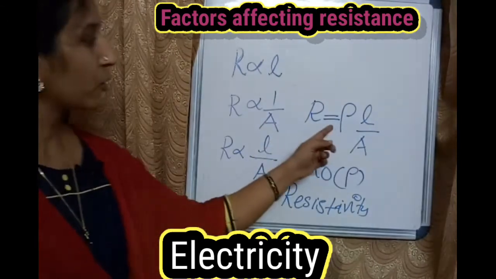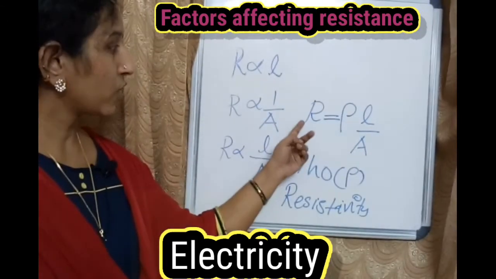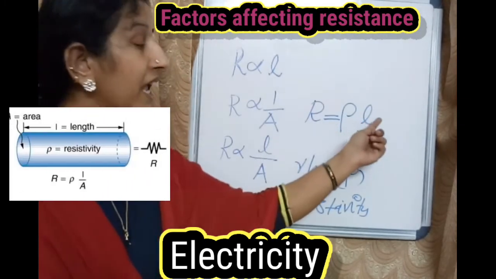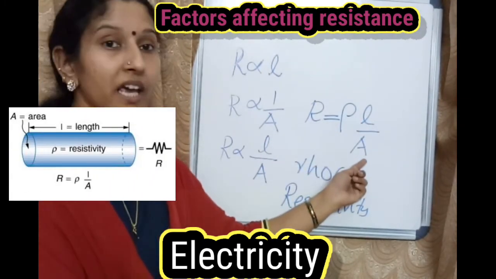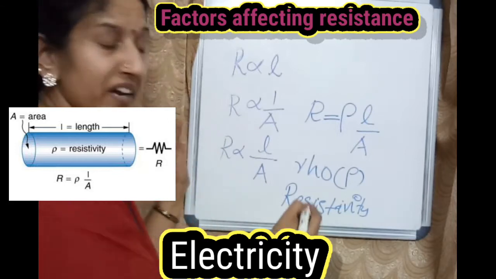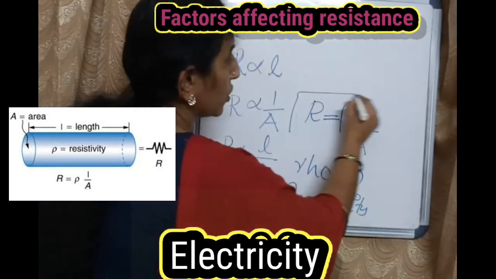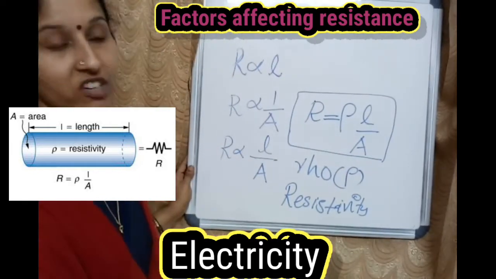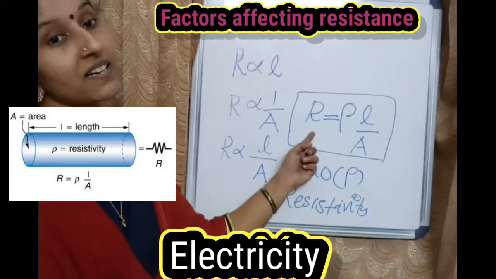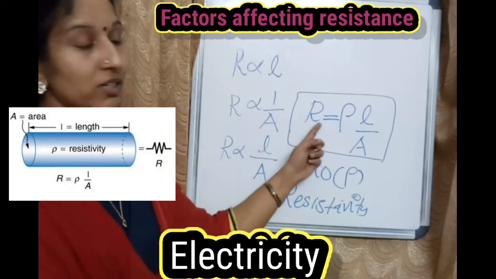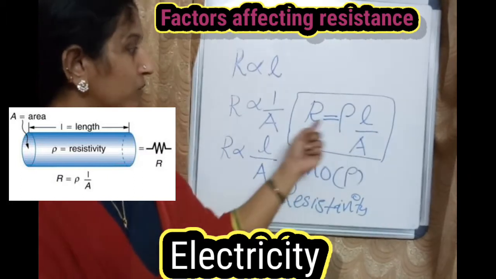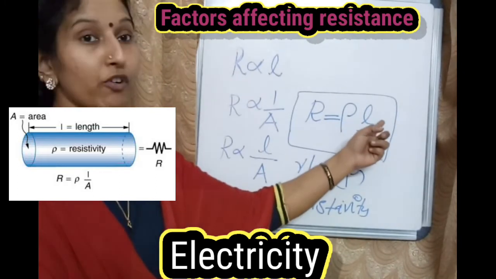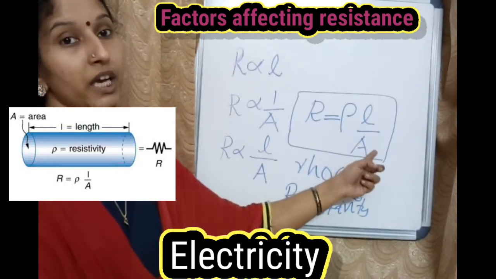So R stands for resistance, rho for resistivity, L for length, and A for area of cross section. This is a very important equation, the equation which connects resistance and resistivity. R equal to rho L by A.